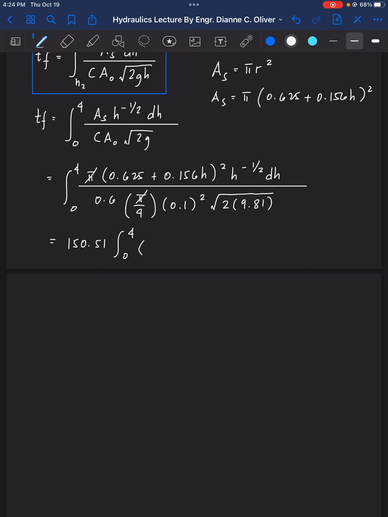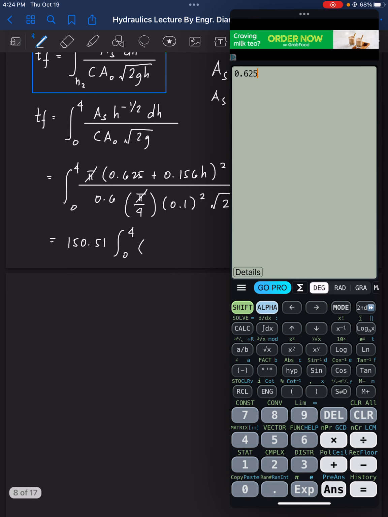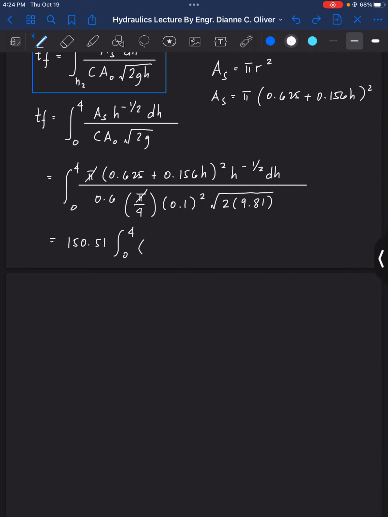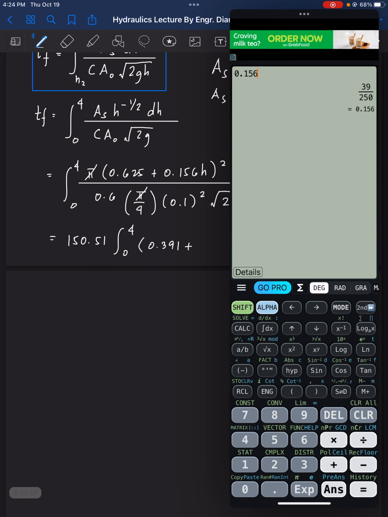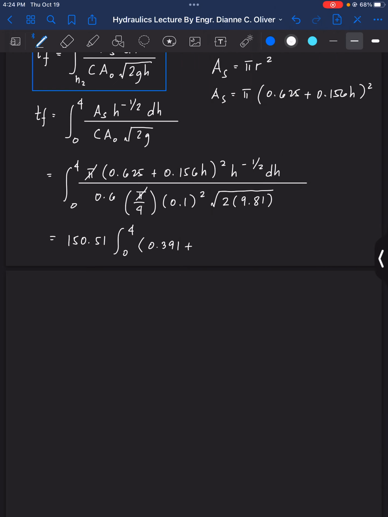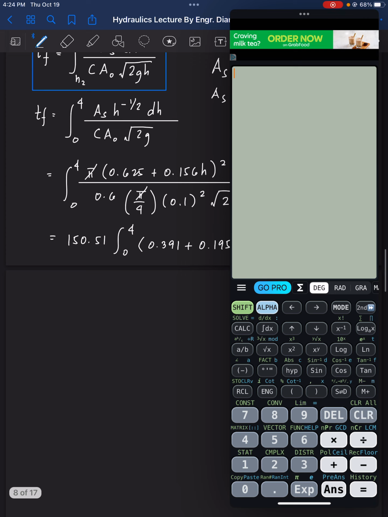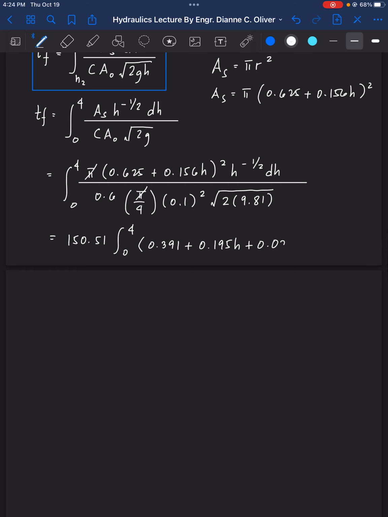The integral of this is squared: 0.625 squared, which is 0.391, plus 0.156 times 0.625 times 2, which is 0.195h, plus 0.156 squared, which is 0.024, h squared, h negative 1/2 dh.